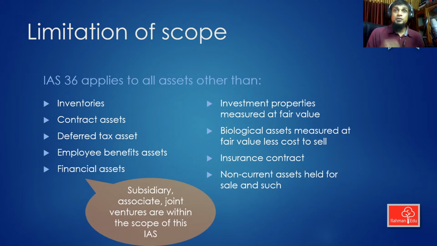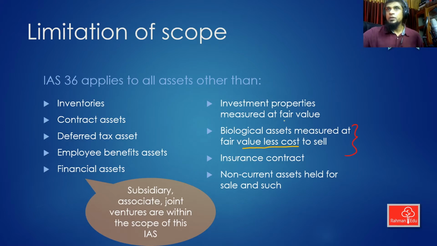Fine. Then investment properties IAS 40, then biological assets IAS 41. However, for biological asset also we have exclusion. So we are taking biological assets that are measured at fair value less cost to sell. In that case we are excluding those, otherwise we are not excluding those. So remember that not all biological assets.